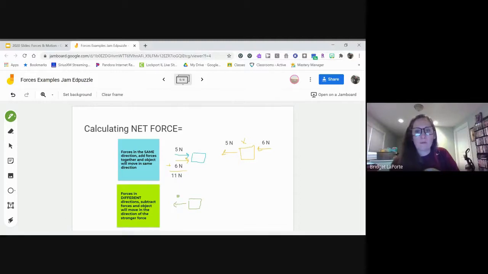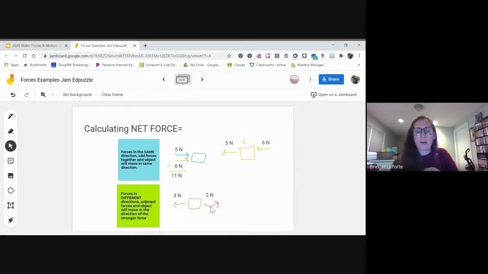And one of you is pulling on that toy, we'll make you young, with only 3 newtons of force, right? And then your sibling, give them red because they're naughty, is pulling in the other direction, we'll let you win, and they're only going to pull with 2 newtons of force. Okay. So we can see these 2 arrows are going in different directions. No longer are we on the same team here, pushing in the same direction or pushing and pulling in the same direction.